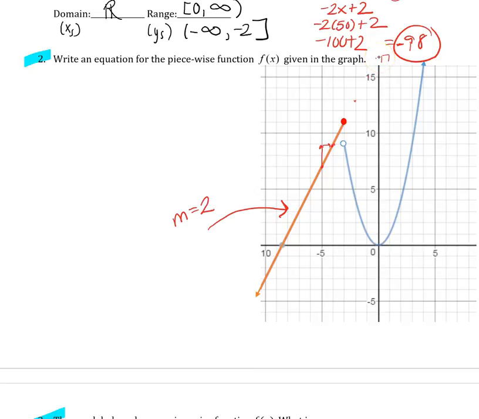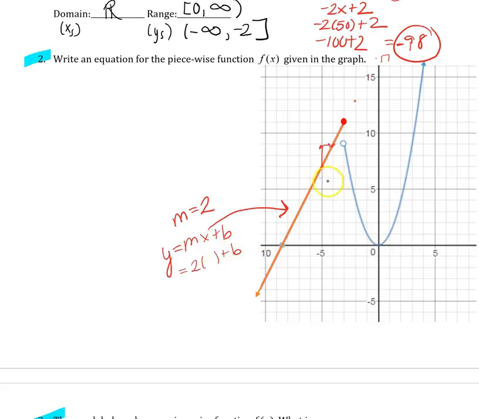Or you could do an algebraic solution and say, well, I know it's going to be of the form y equals mx plus b. I know that the slope is positive 2. Don't know the y-intercept, and I could just pick a point that would help me solve for what b is.